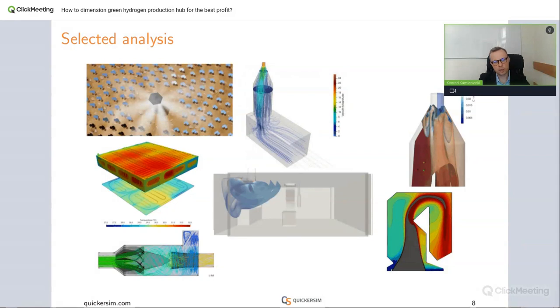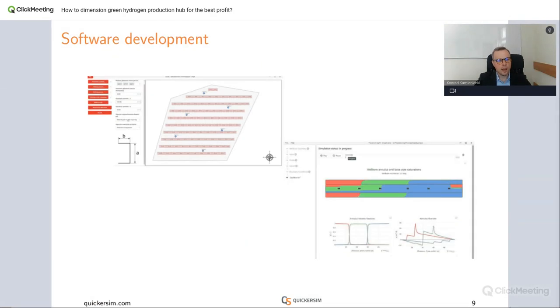Our main product is battery thermal management software. We write the software ourselves, and we provide that for customers from the automotive industry. And also what we do in terms of software development is, for example, software for photovoltaic farm design. We have a commercial customer using that.